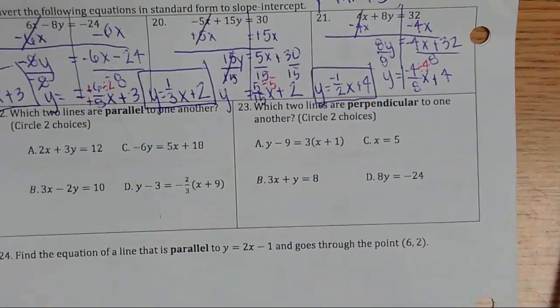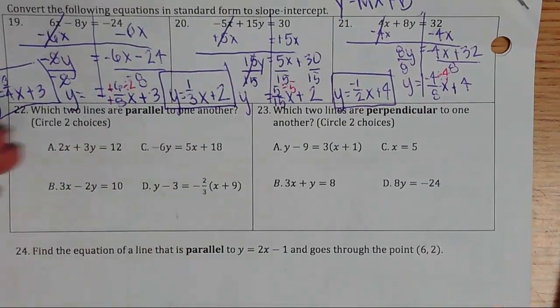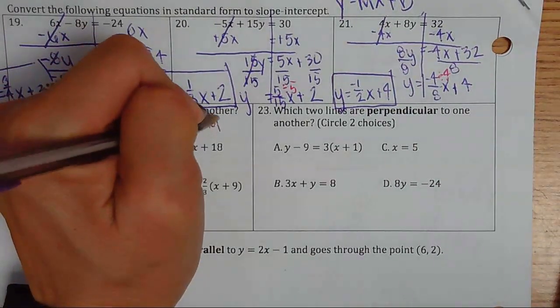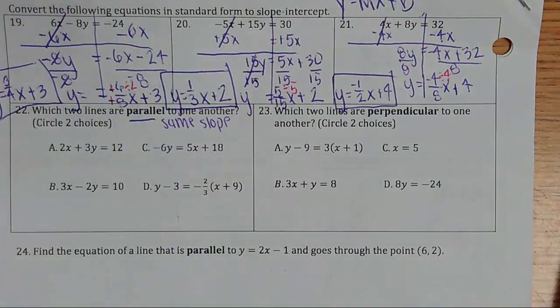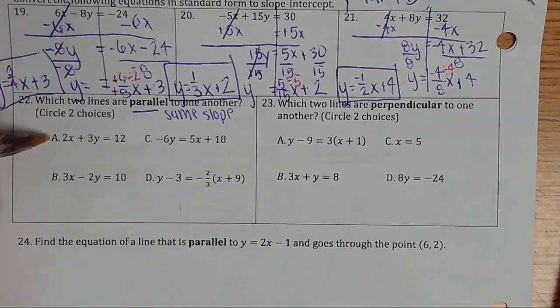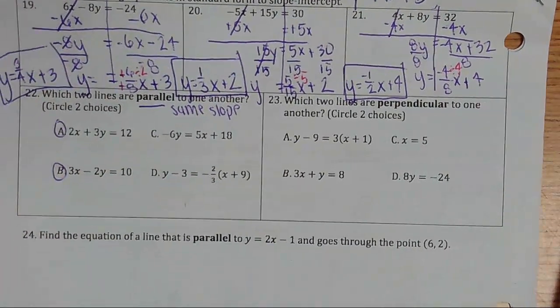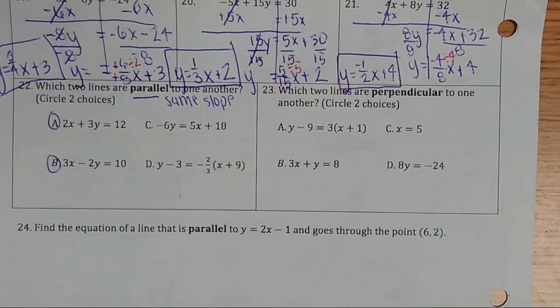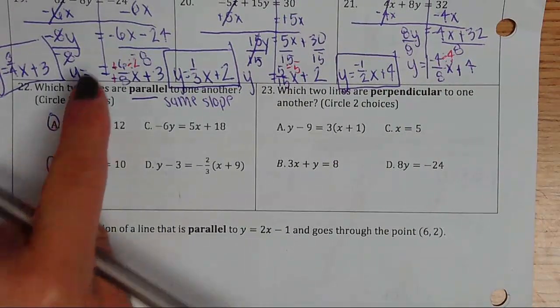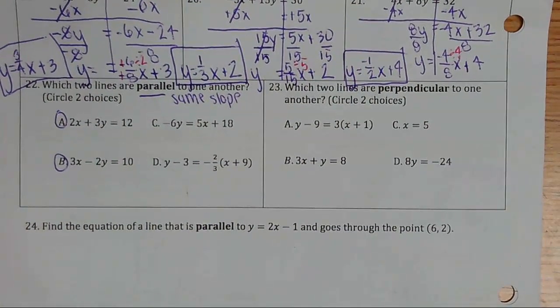Okay, moving along, parallel. So they're going to be the same slope. All right, well, I'm going to tell you right now that it's A and B. Those are the ones with the same slope. The thing about it is we need to convert these into slope-intercept form so that we can figure out the slope.